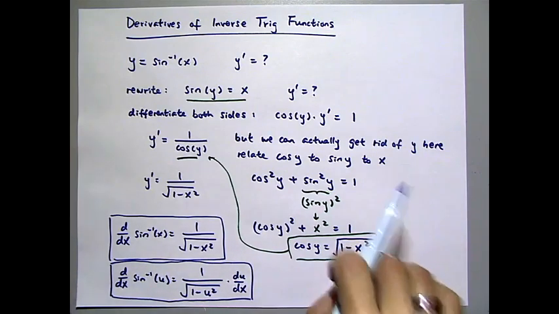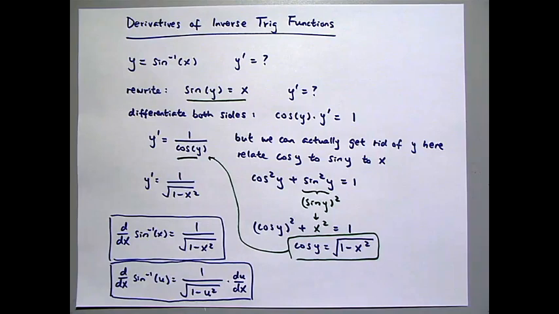If I change that x to anything other than x, then the derivative of inverse sine of u is still 1 over radical 1 minus u squared times du dx, to account for the fact that a u is more than just an x. Any question on this?